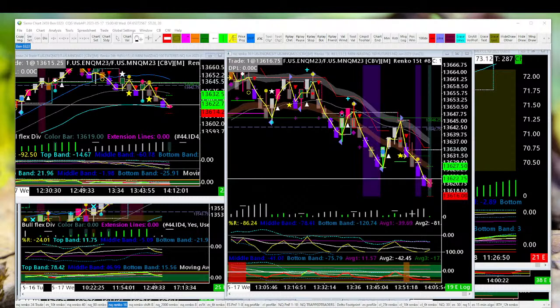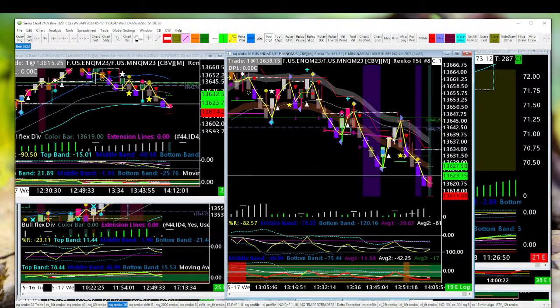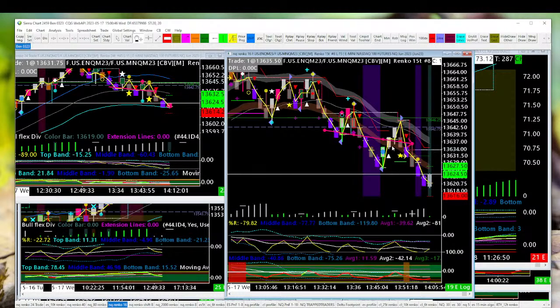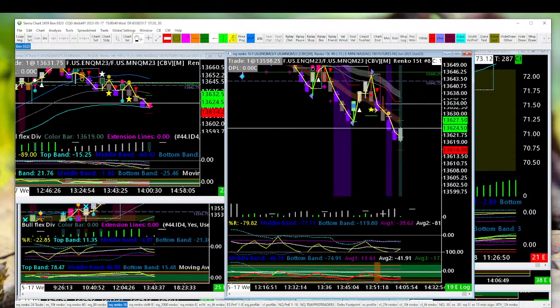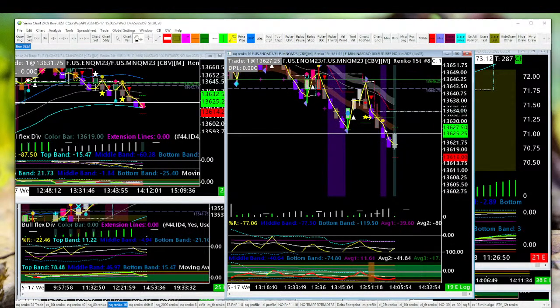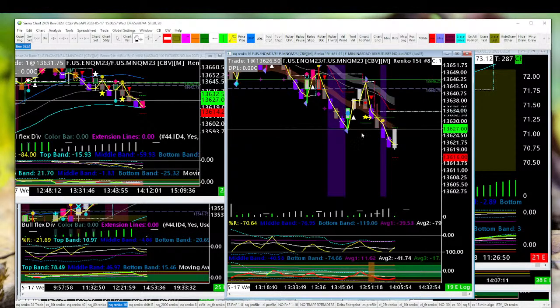But not perfect execution, because I easily could have shorted that instead and gotten that scale a lot earlier and been a lot more comfortable. So note the purple bars down here means that buyers kind of gave up. And so if they bounce it here, it's probably going to lift.